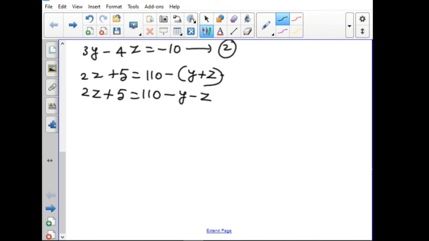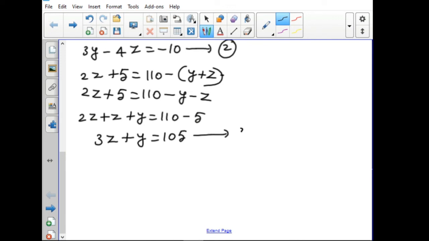Bring the y and z terms to this side, plus z plus y equal to 110 minus 5. 2z plus z is 3z. So 3z plus y equal to 105. This is our equation number 3.